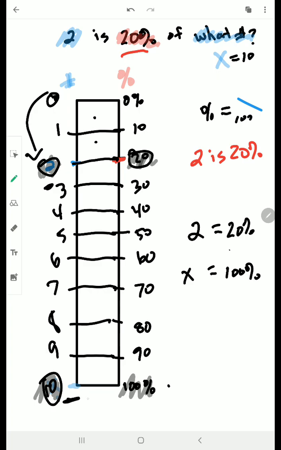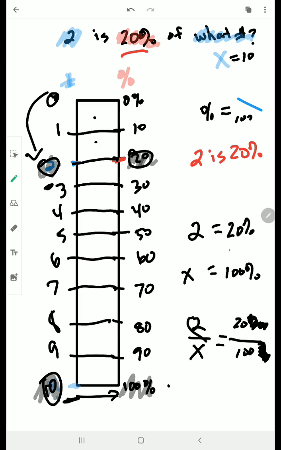What number is 100%? So that becomes 2 is to x as 20% is to 100%. And again, when you have percent on the top and percent on the bottom, those cancel out. We can get rid of those percent signs. And now we're saying that 2 over x equals 20 over 100.